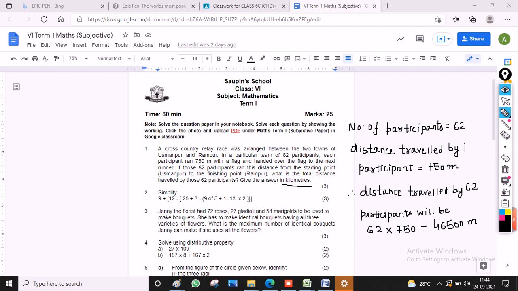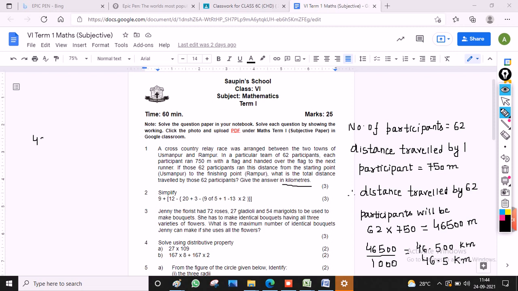So how to convert from meter to kilometer? You just have to divide 46,500 by 1000. So when you divide, you get 46.500 kilometer, which is also written as 46.5 kilometer. You can give answer like this also.